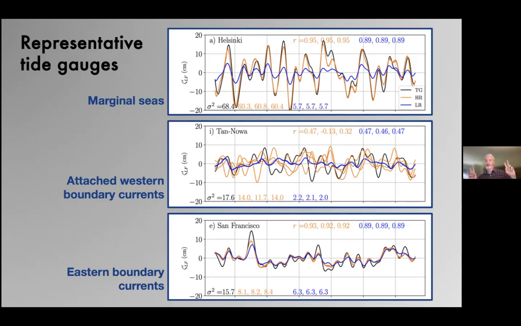We could call this an atmospherically forced regime. But there's really not much difference between the low resolution and the high resolution, somewhat surprisingly, and they're both damped relative to observations. So we kind of cover the gamut in terms of the different regimes and the way in which high resolution influences the representation of sea level.